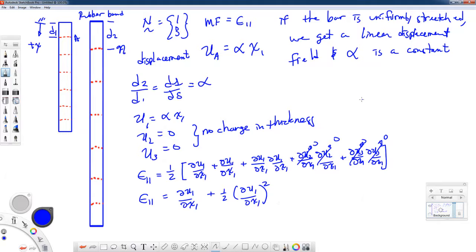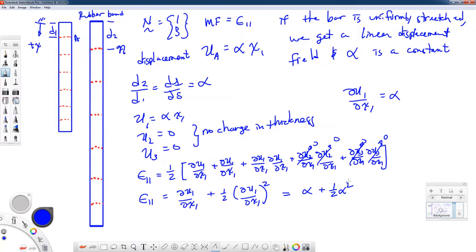Well, let's look at the partial derivative of u1 with respect to x1. That is equal to the term alpha. So the way I have it here is epsilon 1, 1 is equal to alpha plus 1/2 alpha squared.